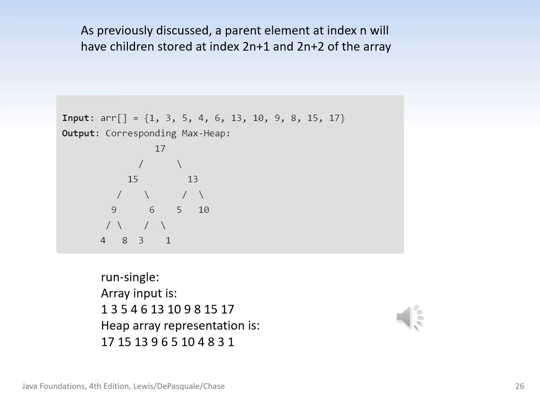Now let's take 15 as a parent. 15 is at 1. 2 times 1 is 2, plus 1 is 3. And there is 0, 1, 2, 3. There's the 9. And next to it is the 6. And you can continue doing this calculation all along the way. And this is how the array is reconfigured to store, in this case, a max heap.